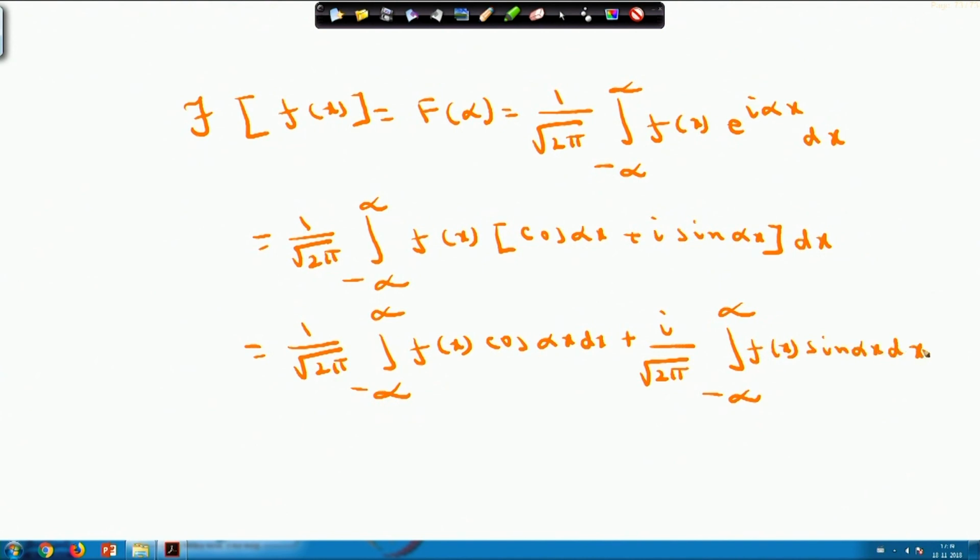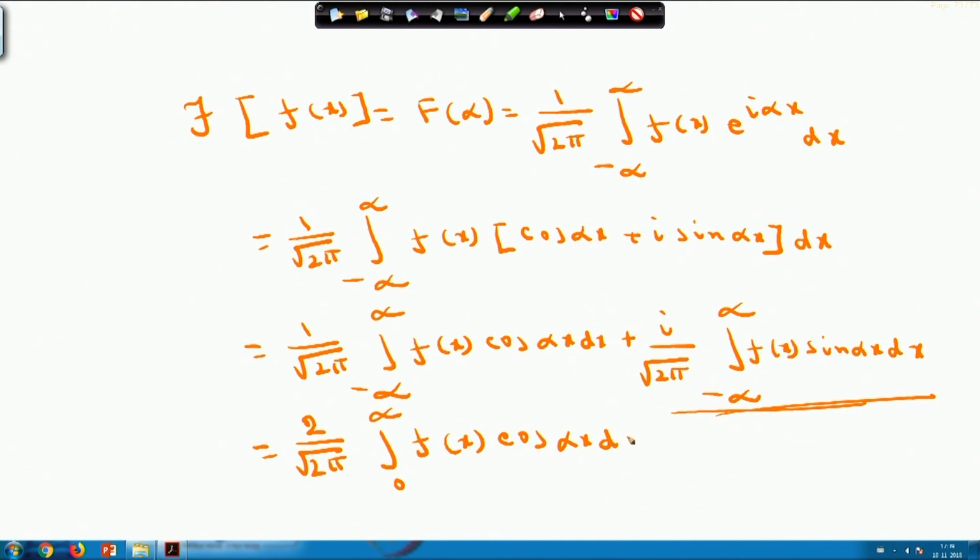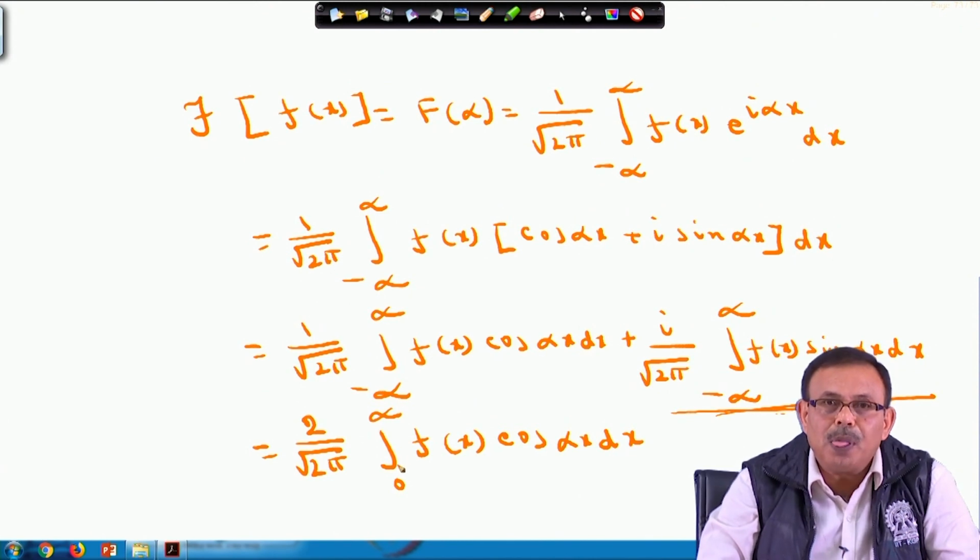Now, from here what will happen? Since f x sin alpha x is an odd function, this second integral will vanish, and since f x cos alpha x is an even function, the first integral can be written as 2 into 0 to infinity.